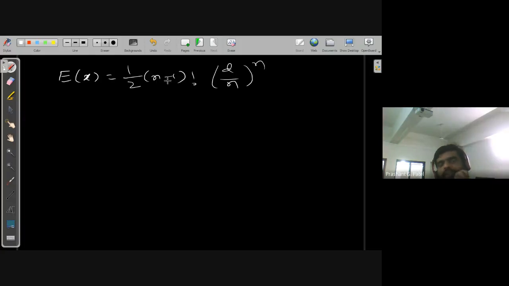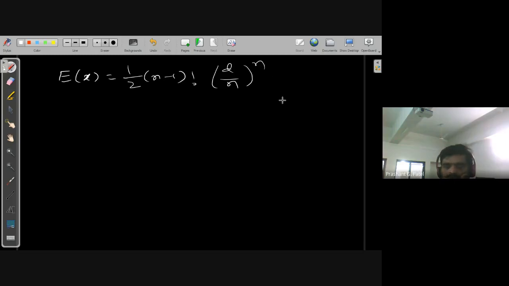Now what is (n minus 1) factorial? That we can see is n factorial. Actually it is approximated.